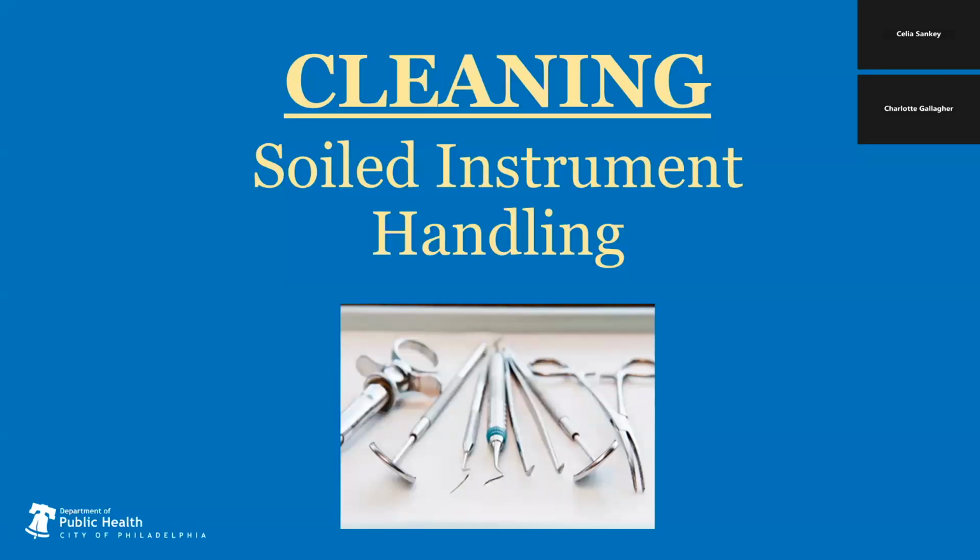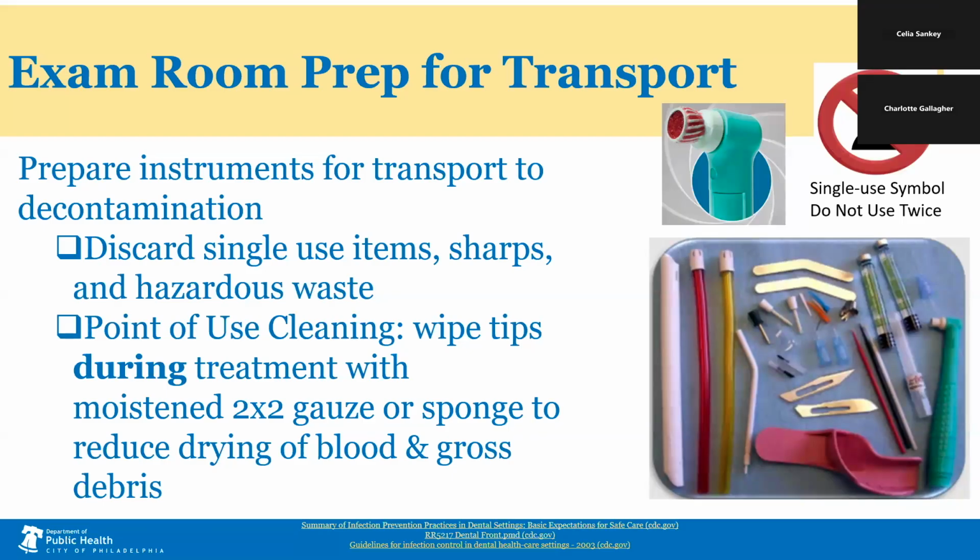At this point, let's discuss our first task, soiled instrument handling and decontamination in the first area of reprocessing. The cleaning process actually starts in the exam room when preparing instruments for transport to decontamination. Here, sort and appropriately discard single-use items and hazardous waste into sharps and biohazard disposal bins.